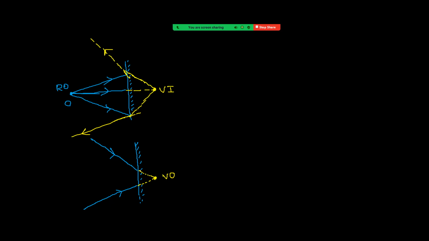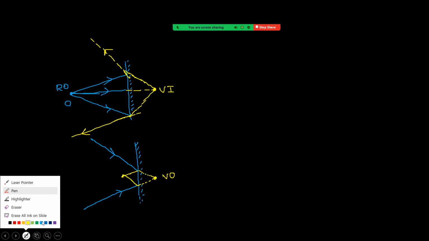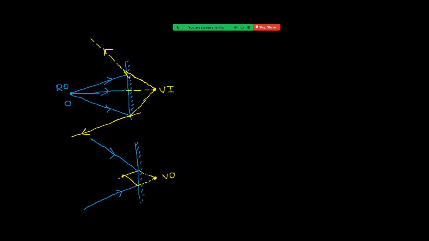And you can see here, rays are now really converging after reflection. So this is now real image. That means after reflection, if rays are really converging, then that is real image.